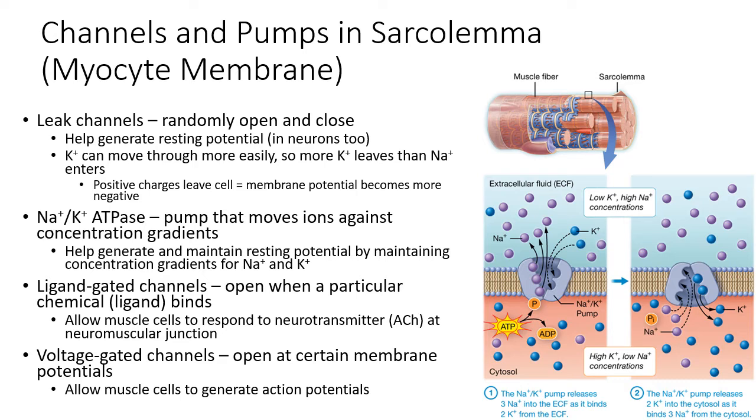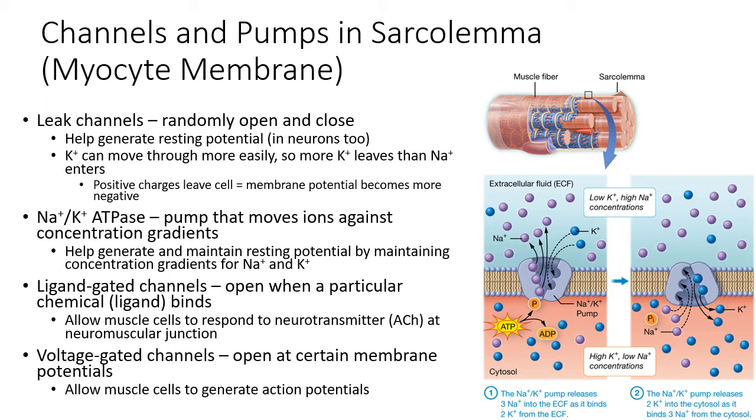So the leak channels are involved in generating the resting membrane potential in muscle cells and in neurons. For muscle cells, most of your leak channels are for potassium. So you have always some potassium leaving the cell. As you remember, there's lots of potassium inside the cell and only a little bit outside.